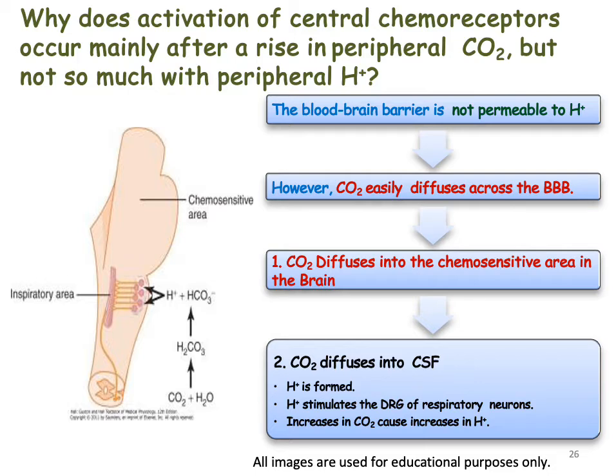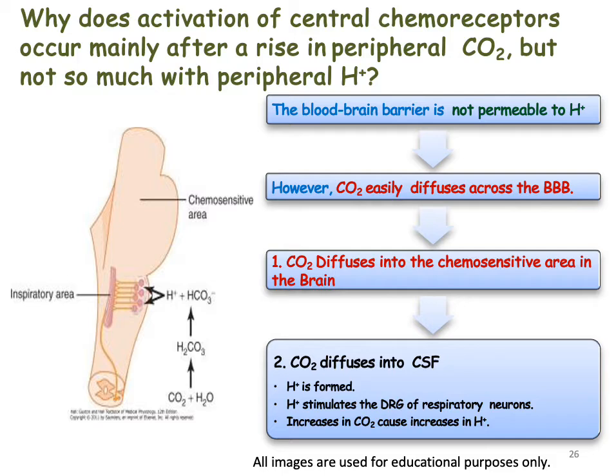So there are two things that will happen in the brain. The first one is carbon dioxide will diffuse into the chemosensitive area in the brain, and the second one is carbon dioxide will diffuse into the cerebrospinal fluid, or the CSF.